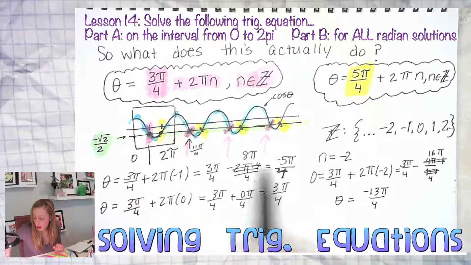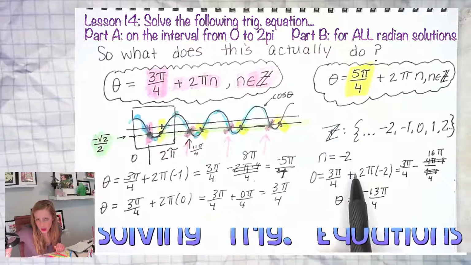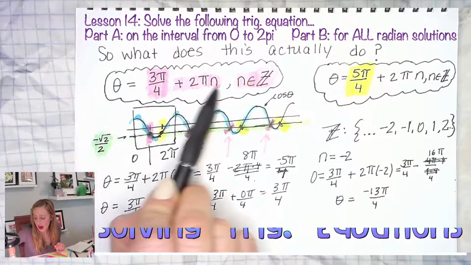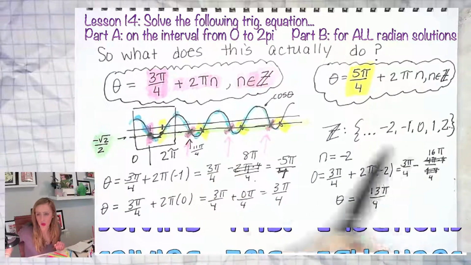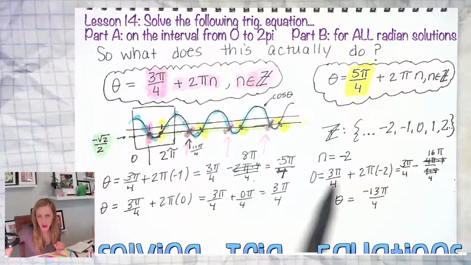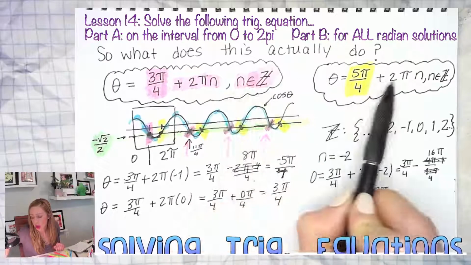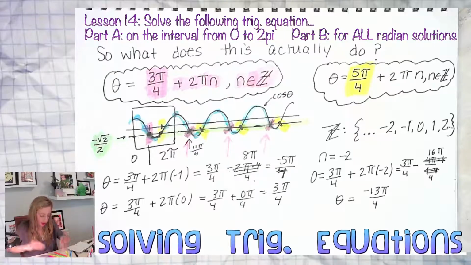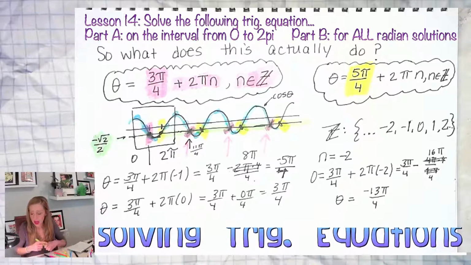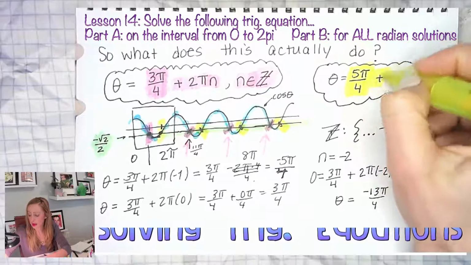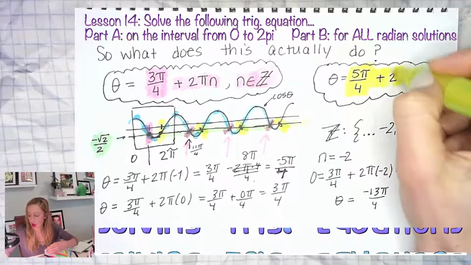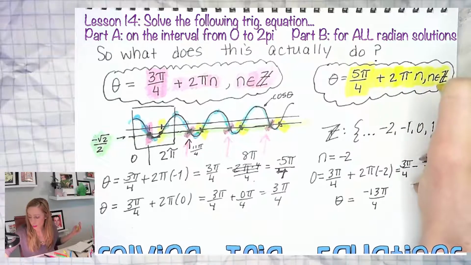But what we're showing is we don't actually have to always do this. If they ask you to find all solutions, well, you would do this for the rest of your life if you tried to do it this way. So what we do is we just write our all solutions in equation form, and that basically is sort of like a big blanket answer, and it kind of covers all possible scenarios.